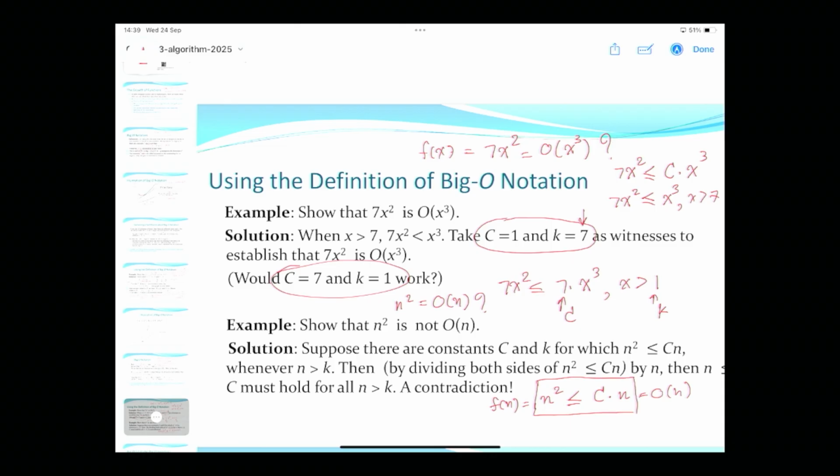When n is a very large number, what could c be? c has got to be even larger, or equal to n, right? But c is a constant. n can be increased; n is like a variable that can grow. When n is large, n squared is even larger. So we cannot find a constant c that would make this true. So that means this is not a big O, right?